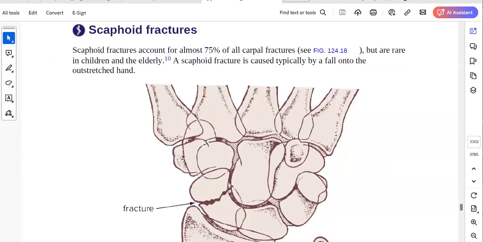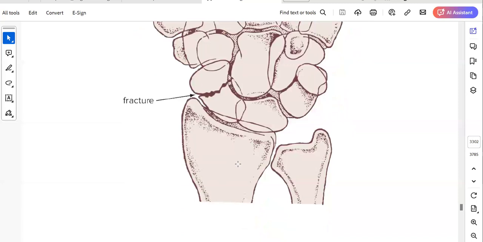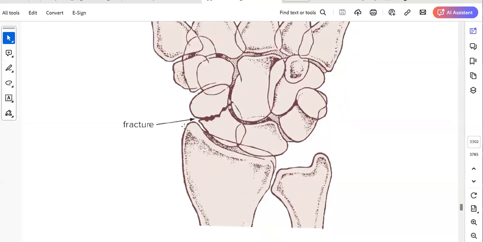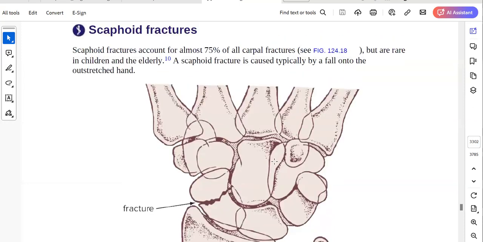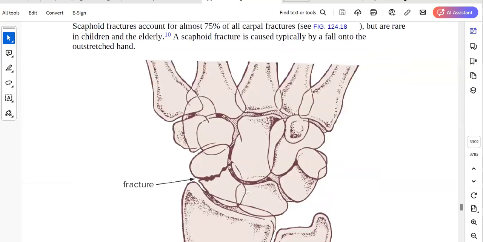Scaphoid fracture is another very common fracture that comes in exams. Among all the carpal bone fractures, you can see that this is the radius and this is the ulna, and then these are the carpal bones, which form the wrist joint. There are lots of carpal bones, but the scaphoid is the most important one.